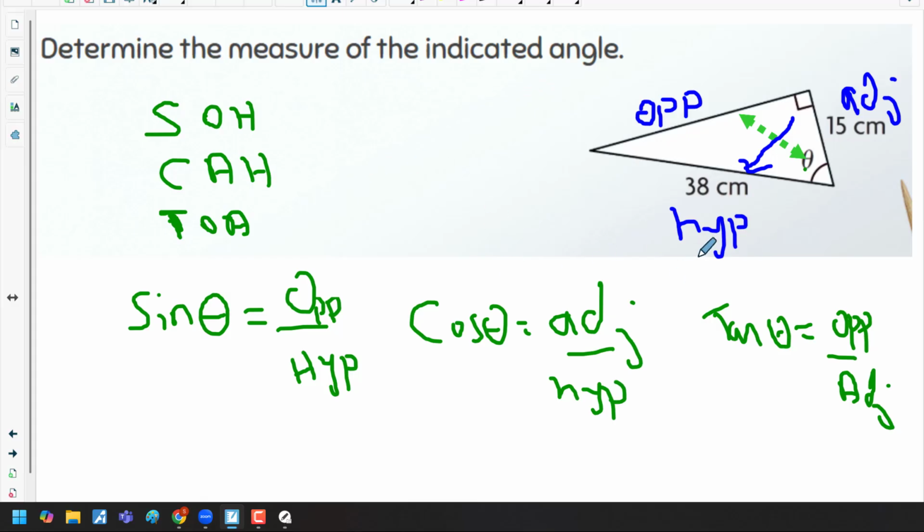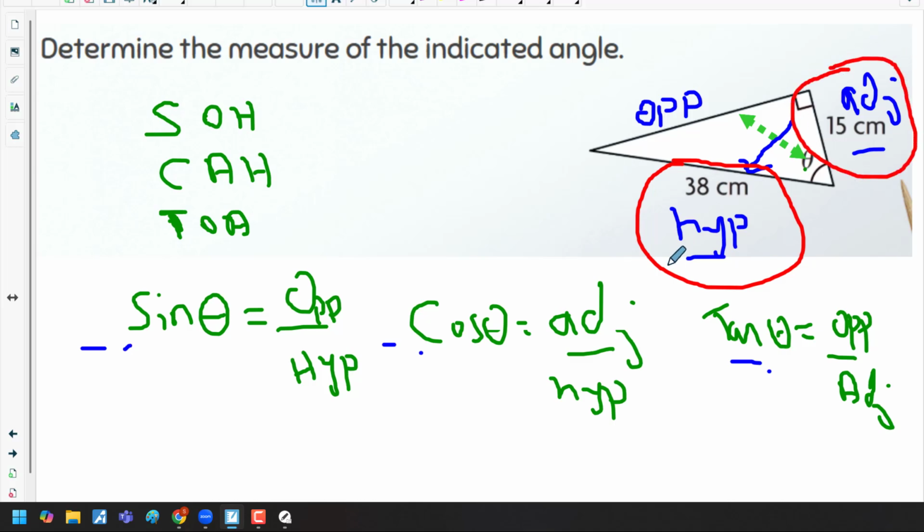In this example, we are given our hypotenuse and our adjacent, meaning the formula that we're going to use is sine, cos, or tan. I'm going to actually ask the class this time, so I'm going to wait. Okay. So the formula that we're going to use has to have the hypotenuse and adjacent sides.